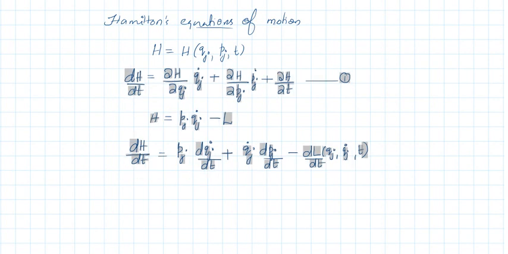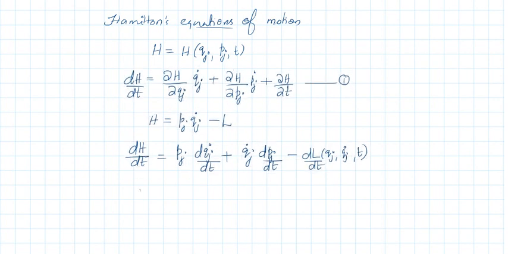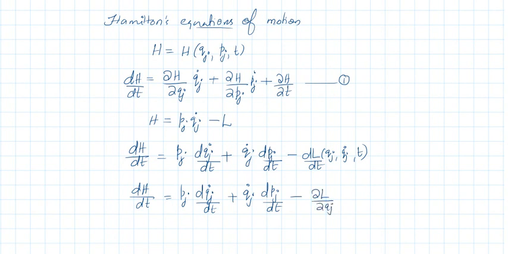So again for the last term you can apply the chain rule. Therefore dH by dt becomes p j into d q j dot by dt plus q j dot into d p j by dt minus dou L by dou q j into q j dot minus dou L by dou q j dot into d q j dot by dt minus dou L by dou t.